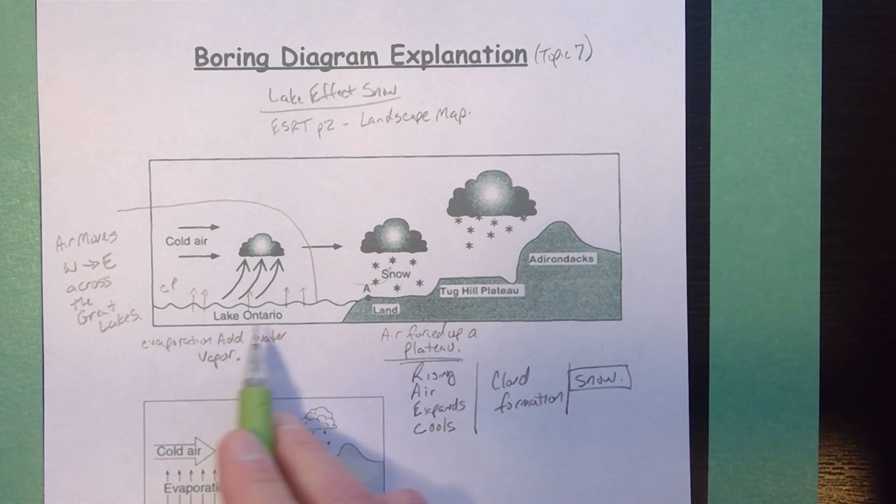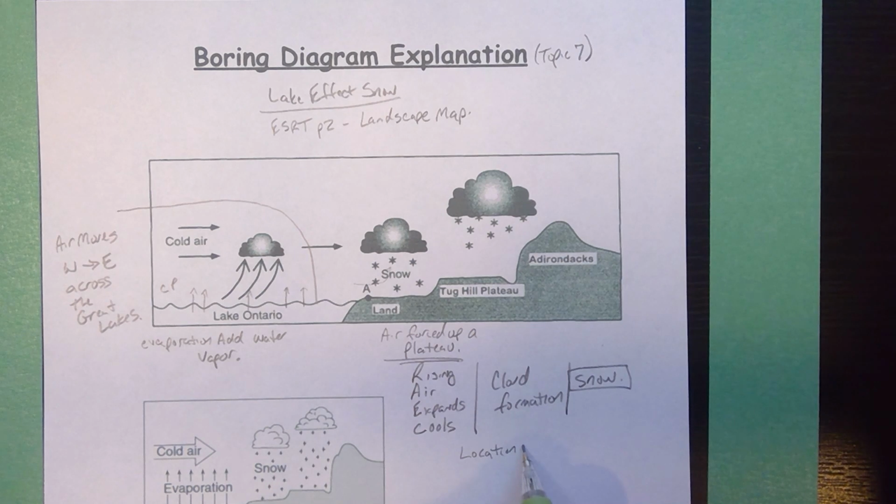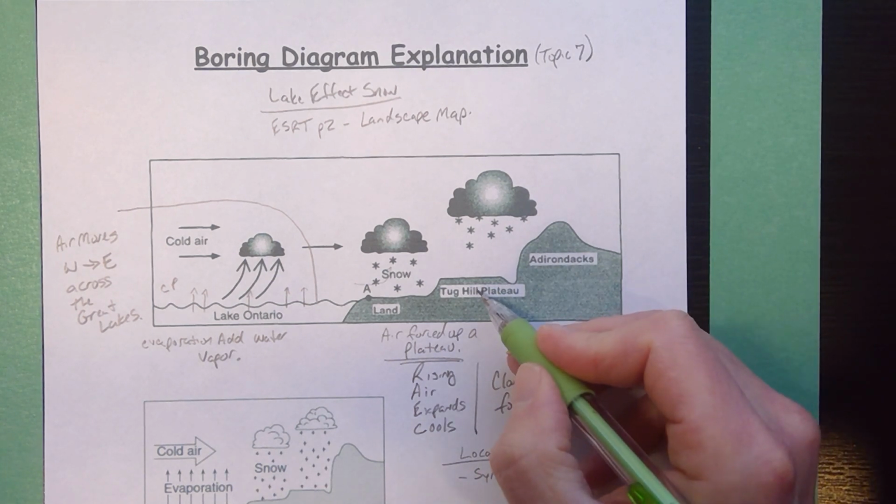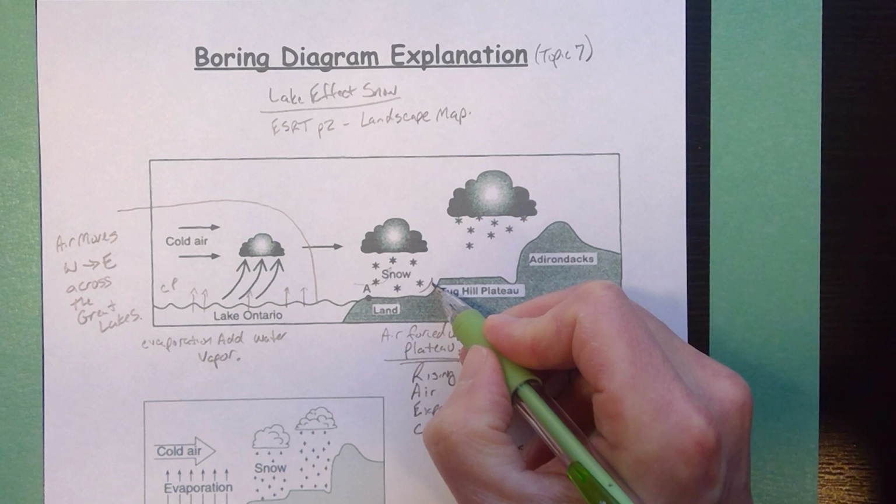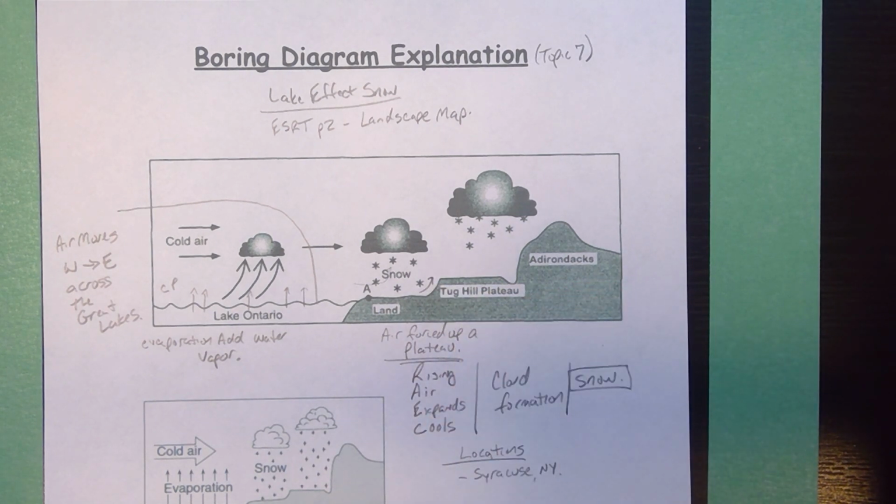Now, along Lake Ontario, some locations that get a lot of snow are places like Syracuse, New York. Syracuse sits right by the Tug Hill Plateau, and the Tug Hill really forces the air upwards. The rising air expands and cools, and Syracuse gets 300 inches of snow a year.